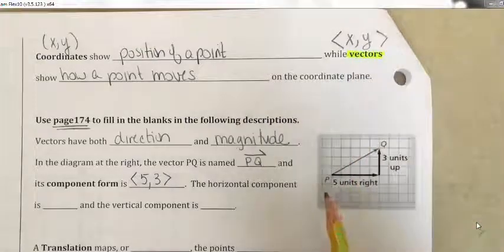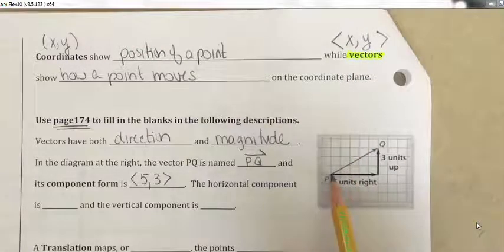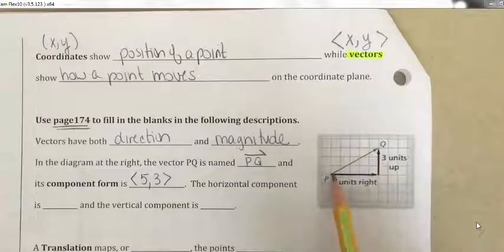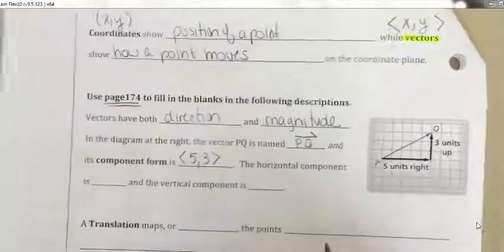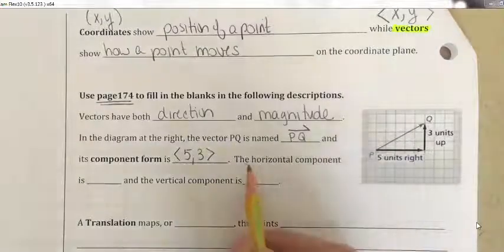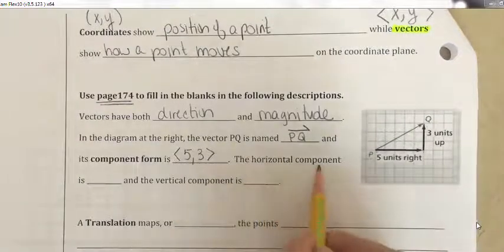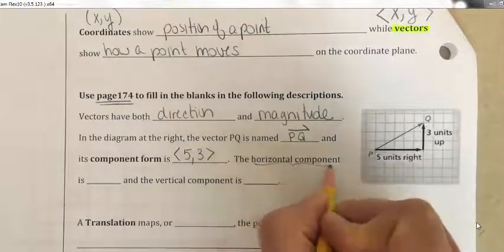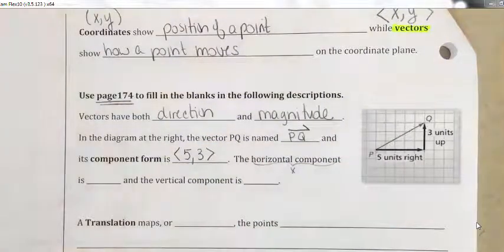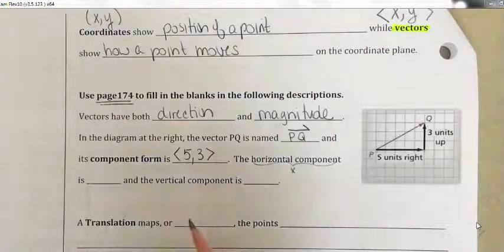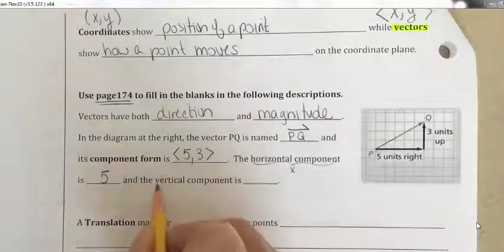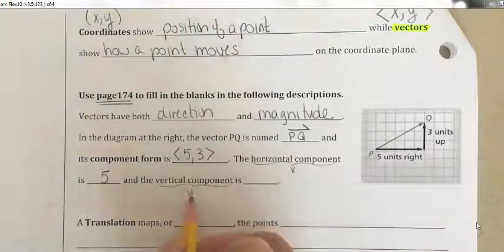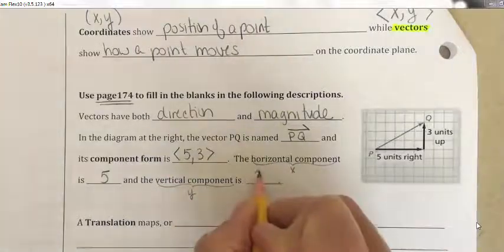The only difference is you're saying how this thing moved. How did P get to Q? Well, P went right 5 and then up 3. So the horizontal component, horizontal meaning along the x-axis, is 5. And the vertical component, meaning along the y-axis, is 3.